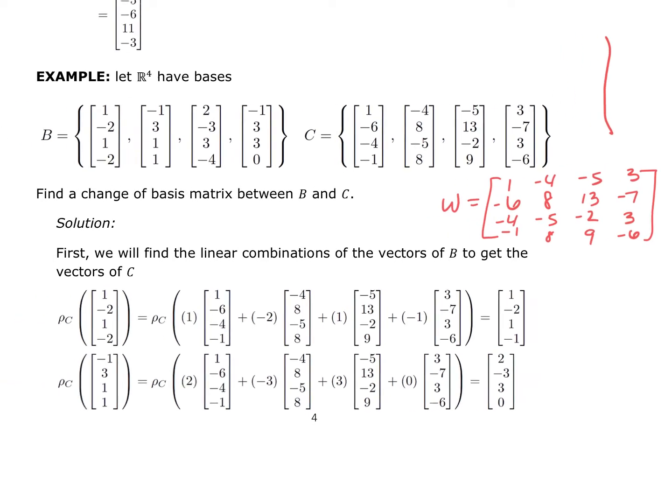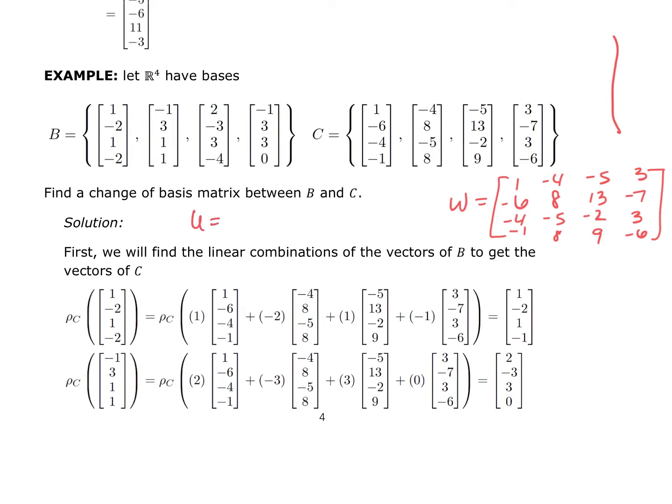And I have the U matrix, which is my matrix built from the B, which is 1, -2, 1, -2, -1, 3, 1, 1, 2, -3, 3, -4, -1, 3, 3, and 0.